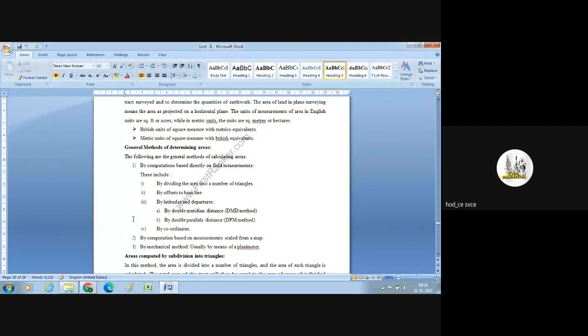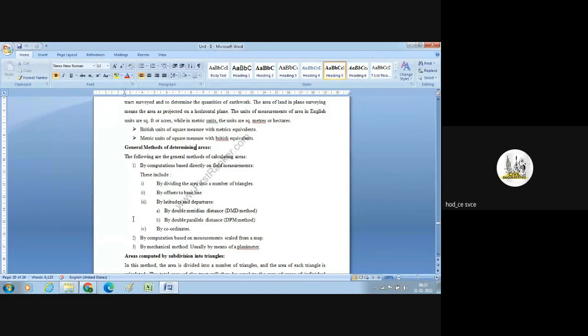Last class we gave a brief explanation about that: what is latitude, what is departure, and meridian distance. Here we have two meridians: a double meridian distance and a double parallel distance. Next coming to the method by coordinates. As you know, it is very easy compared to the remaining ones and gives very good accuracy.